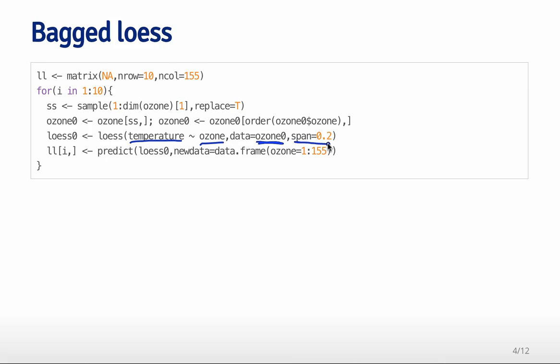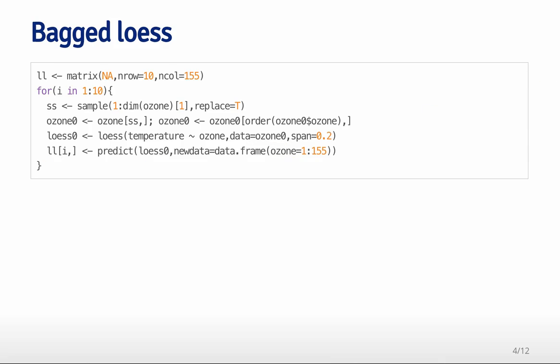And I use a common span each time, the span being a measure of how smooth that fit will be. I then predict for every single loess curve the outcome for a new data set for the exact same values. I always predict for ozone values 1 to 155. So the ith row of this ll object is now the prediction from the loess curve from the ith resample of the data ozone.